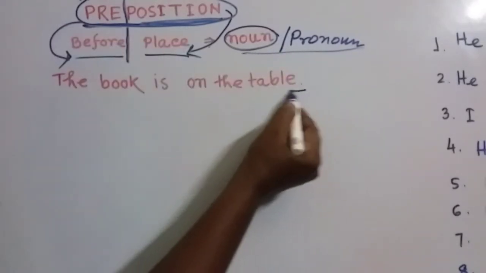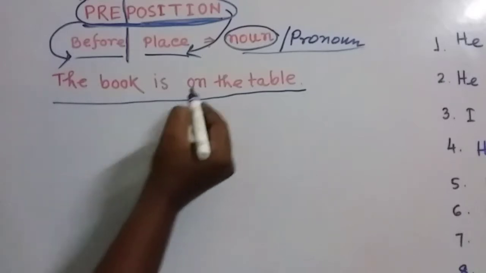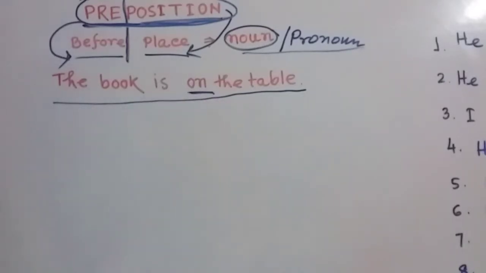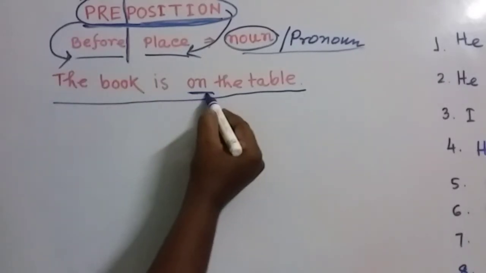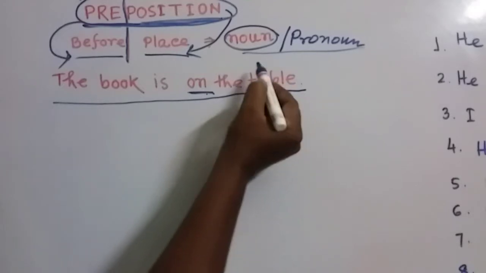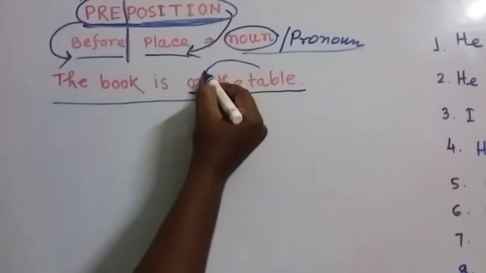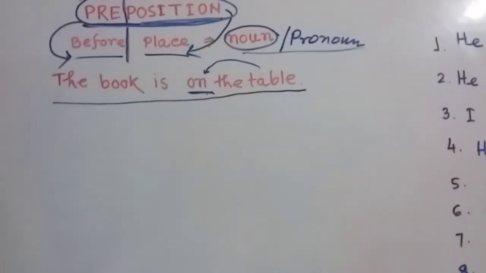Just in this sentence you can see I have written one preposition, and this preposition is placed before this noun, table. You can see it is placed before the noun. Actually, my dear friends, the preposition is placed before the noun or pronoun and makes a relation with the other words in the sentence.